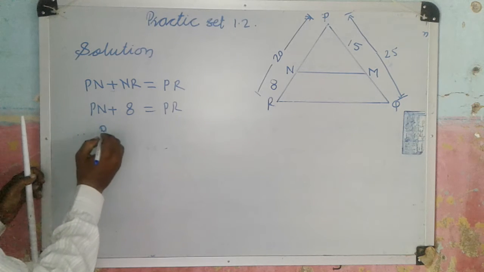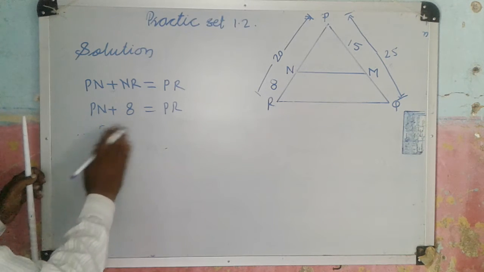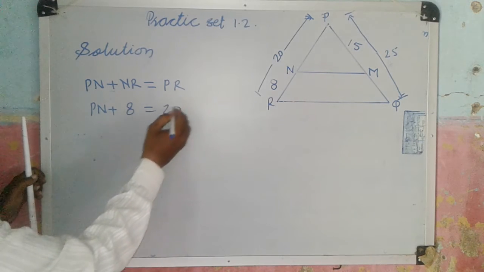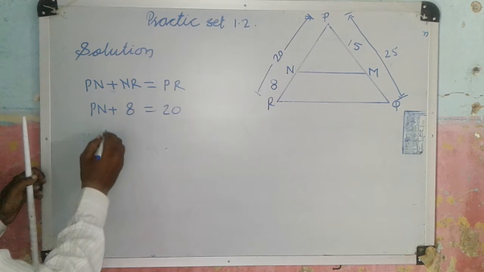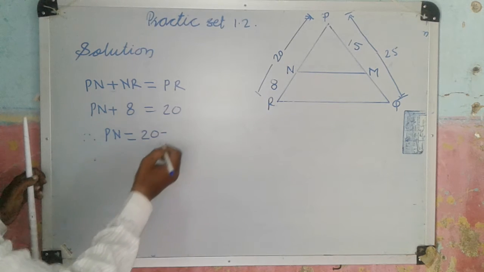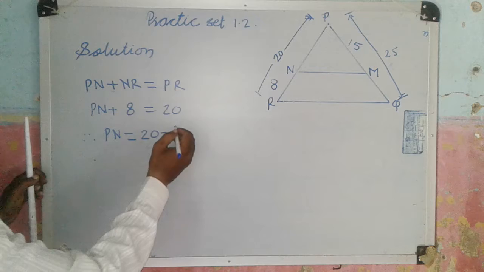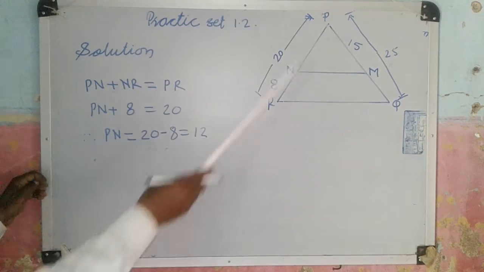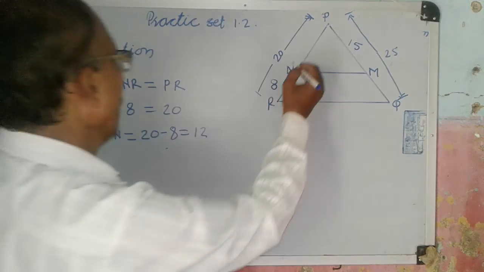And therefore, PR also is given 20. And therefore, PN is equal to 20 minus 8, 12. So here we get PN is equal to 12.